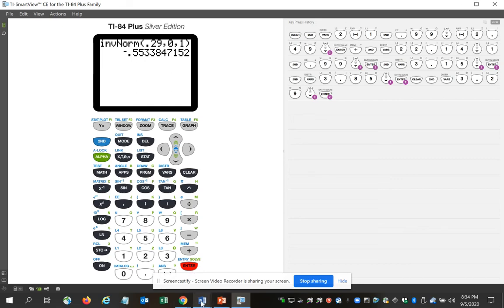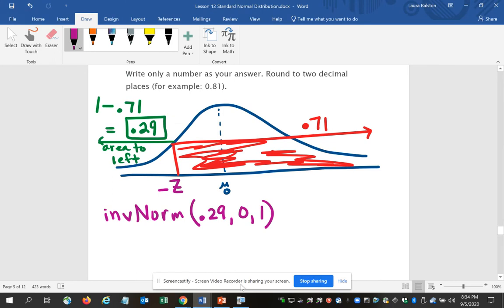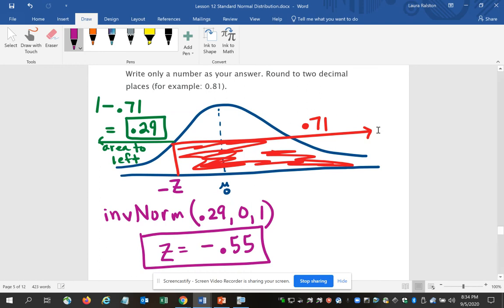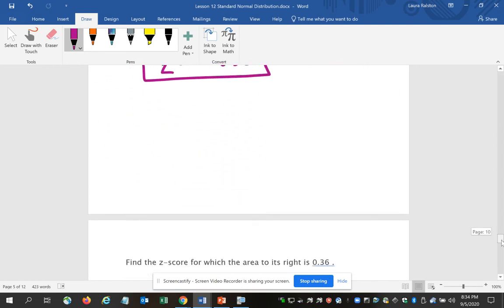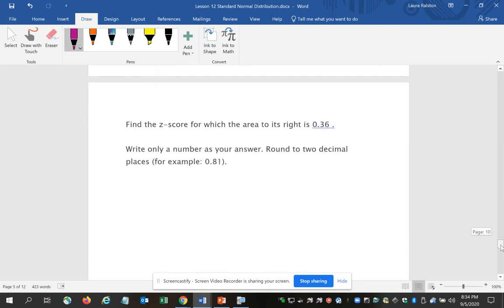Again, z-scores are rounded to 2 places. So my z-score would be negative 0.55. And again, it really helps you to draw the picture and to draw it correctly. Again, I did make a mistake, so I got it corrected though.